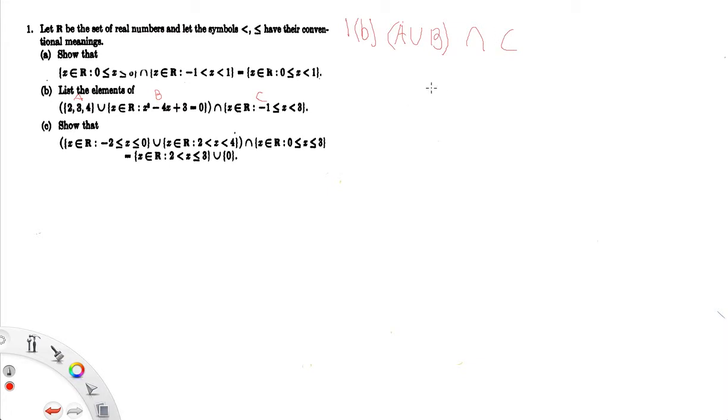So something this might look like maybe is this, where this is A and B: the area within this circle is A, the area within this circle is B. This is A intersect B here.